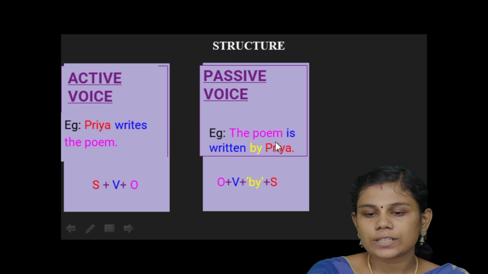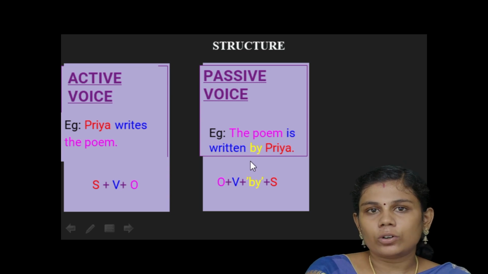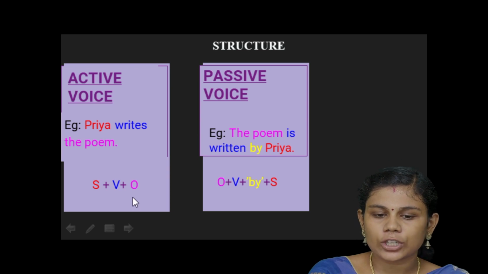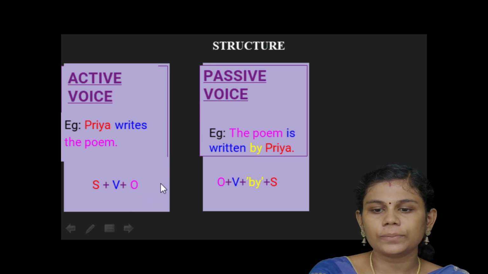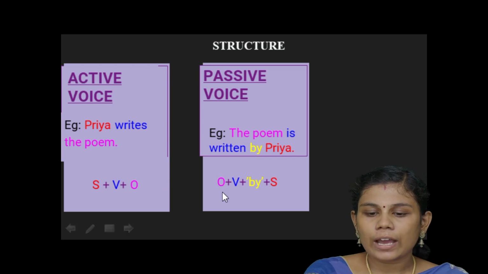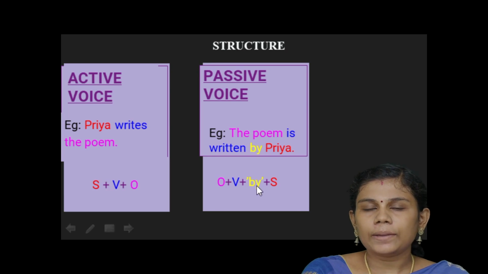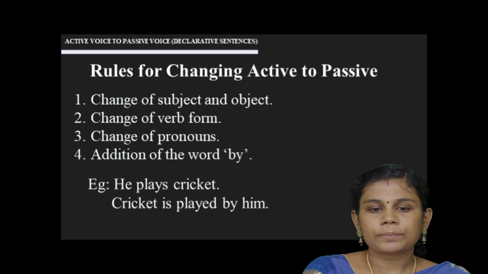So the verb changes like this, is written. In passive voice we have to add the word by also. So this is the format. In active voice we have the subject, verb, object structure. But when we change active voice into passive voice, we have object, verb plus by plus subject. This is the format of passive voice.